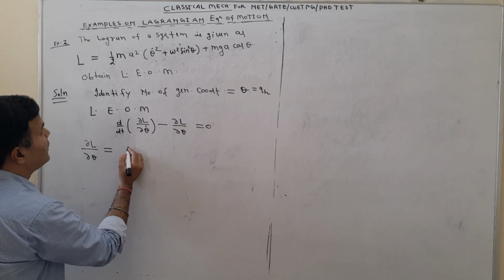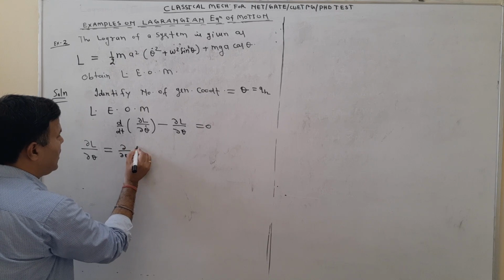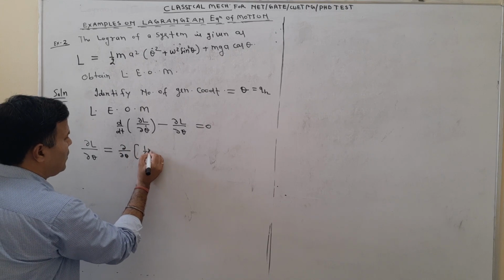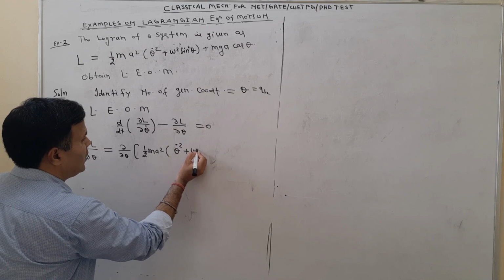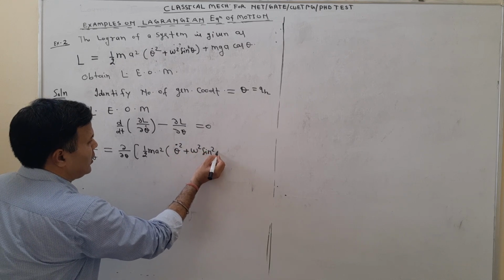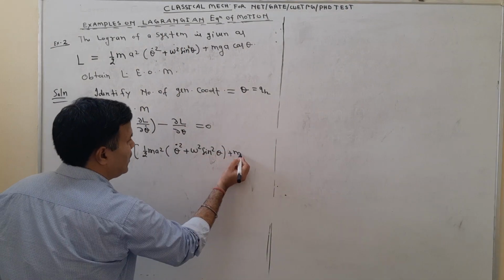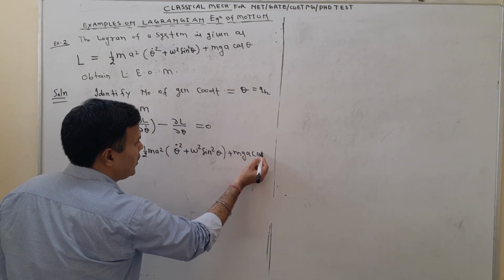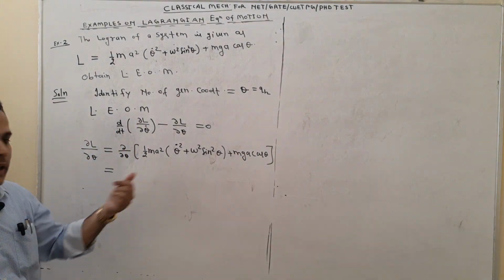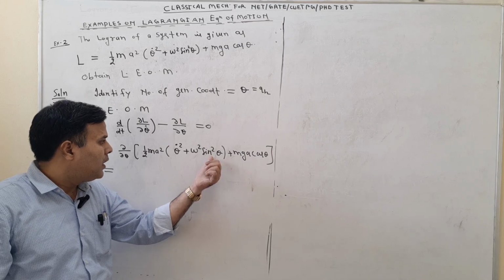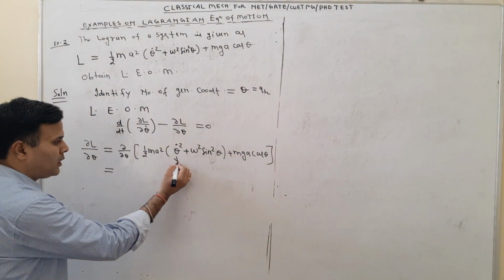It is simply del by del theta of 1 by 2 m a square theta dot square plus omega square sin square theta, plus mga cos theta. Now differentiating partially with respect to theta, we have two different terms of theta, one is sin, one is cos. So the theta dot square term will give 0.